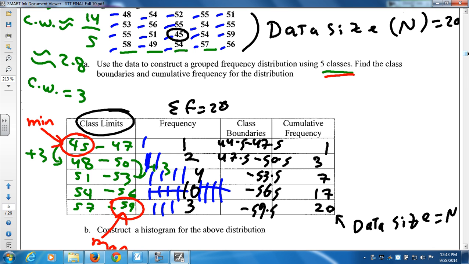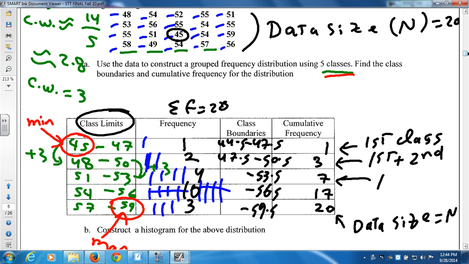I just keep adding the frequencies. So here I have the first class only, which is 1. Here I have the first plus the second. Here I have the first plus the second plus the third.